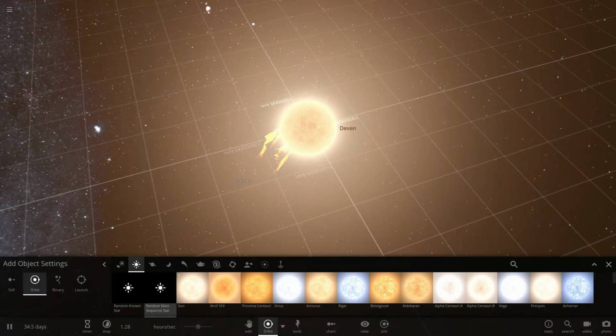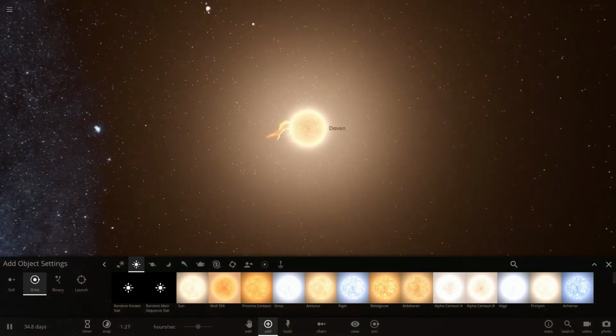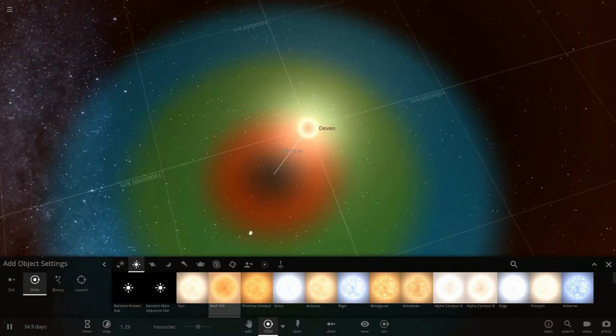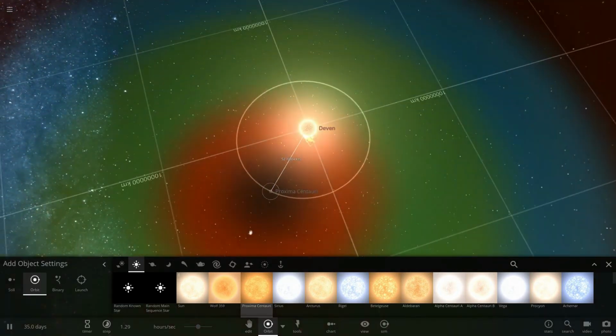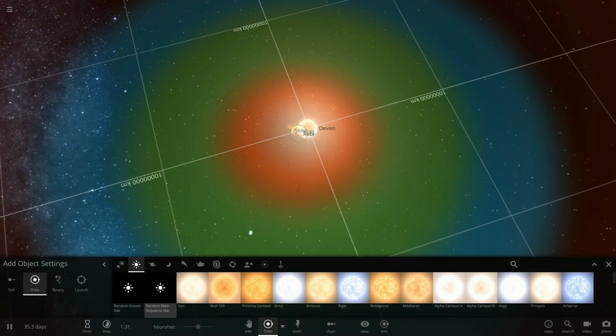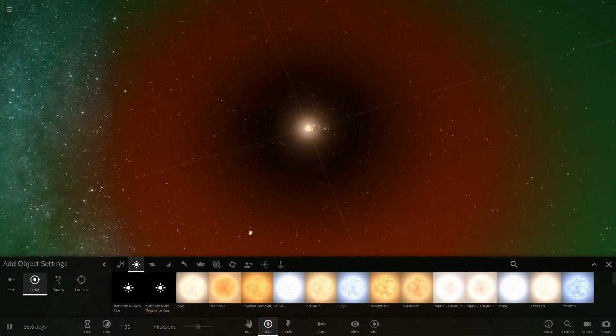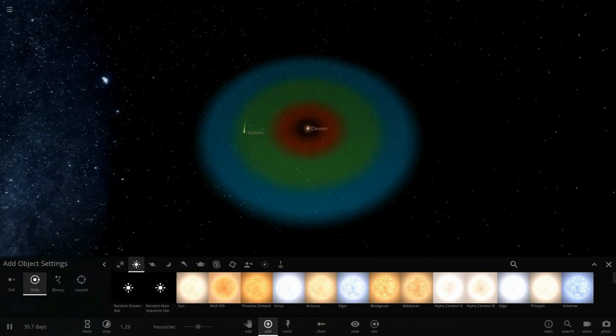They are tiny, tiny, tiny. That's an orange dwarf. That's a red dwarf. So if we get a red dwarf up here, no, that's an orange dwarf. Well, that's a red dwarf. So we got a red dwarf here. That's just a crazy size difference.